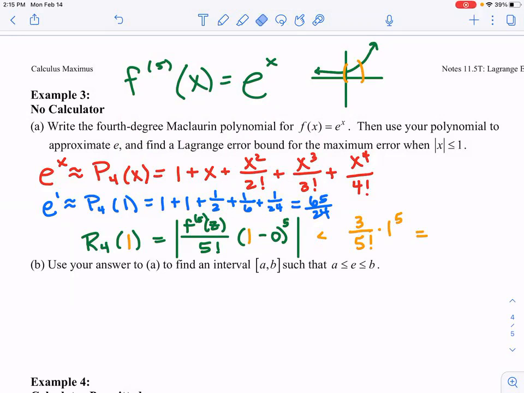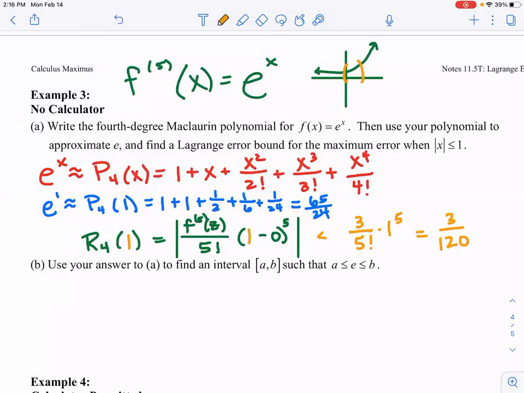Since we don't have our calculator in the problem, I rounded up to 3. And so our error is 3 over 120.